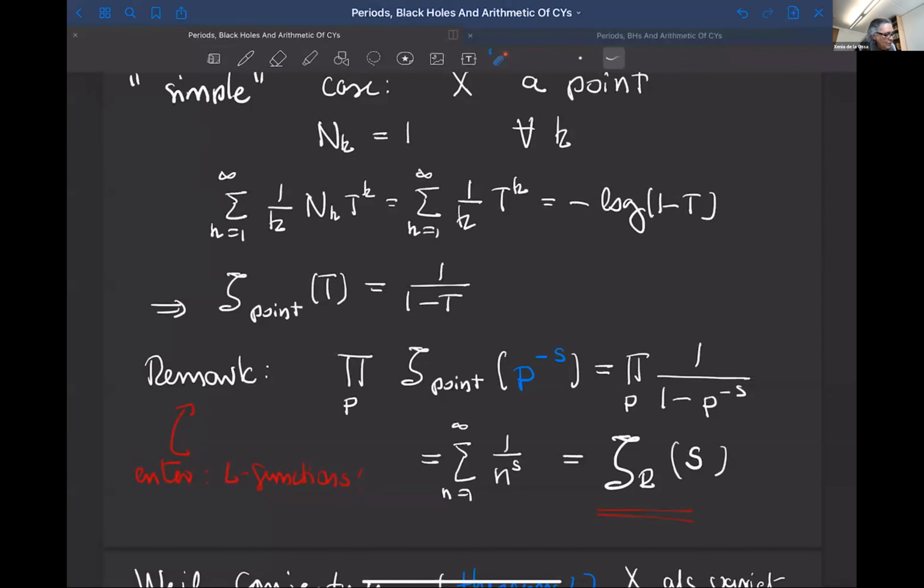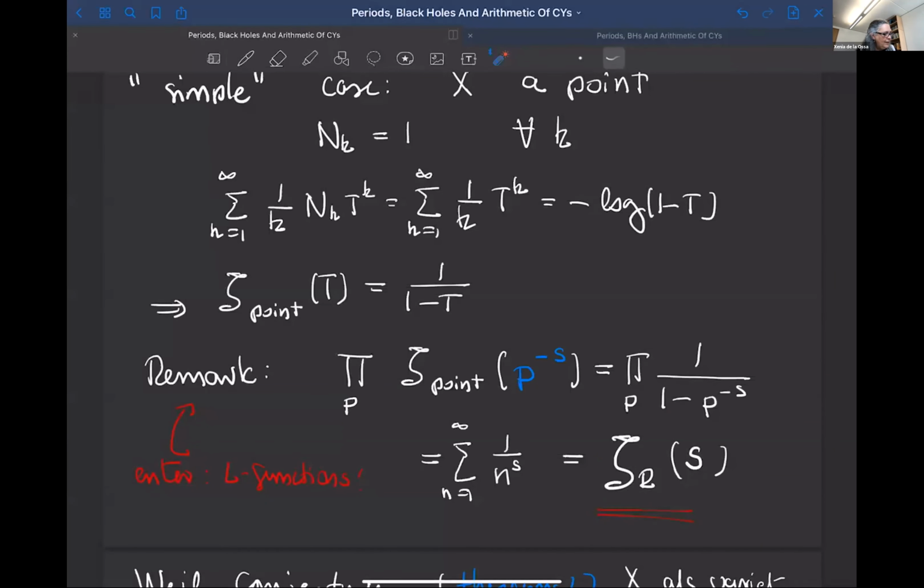This step is obvious, just evaluate this here. But then Euler told us a while ago that this product is the Euler product of the series, the series of 1 over n to the s, where n goes from 1 to infinity. And this gives you nothing but the Riemann zeta function.